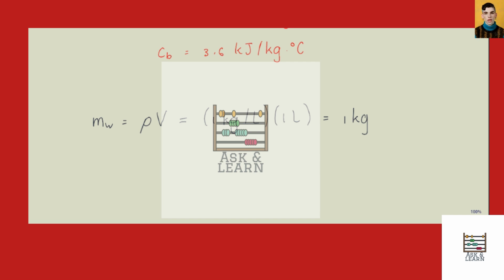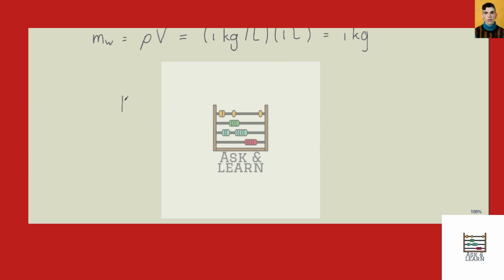Now we'll take the man and the water as our system and disregard any heat and mass transfer and chemical reactions. These assumptions are acceptable for short time periods, such as the time it takes to drink water.